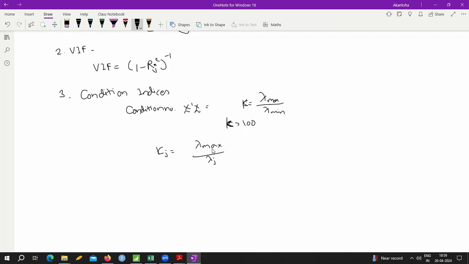If only one condition index is larger than 1000, then we need to worry about only one possible linear combination. But if many condition indices are larger, then it would mean that we need a serious reduction in the number of regressors. So these are some of the ways in which we can detect multicollinearity.